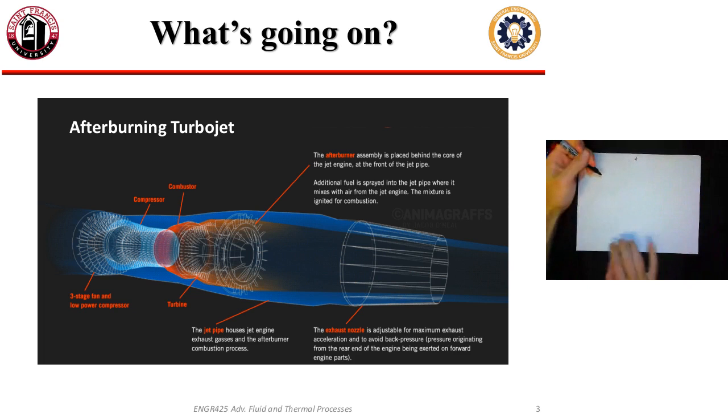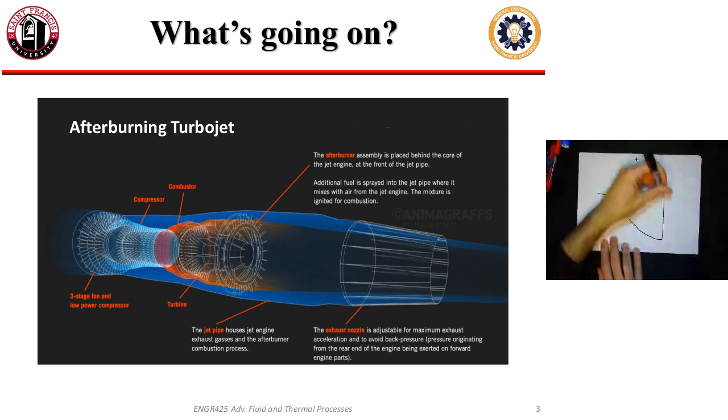So our model looks a bit more like this, where you have some inlet conditions here, et cetera.